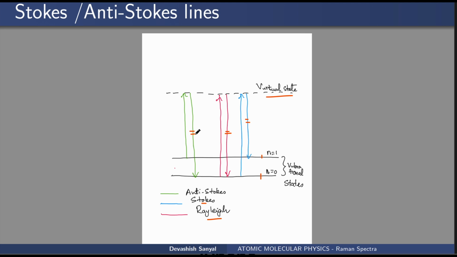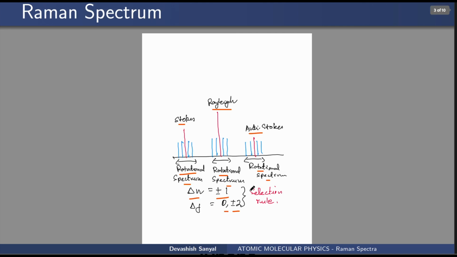This is what we see in the spectrum, and this has a larger frequency than the Rayleigh line, and this is called the anti-Stokes, which has a higher frequency. This one has the same frequency as the incident light, and this one has a lesser frequency.